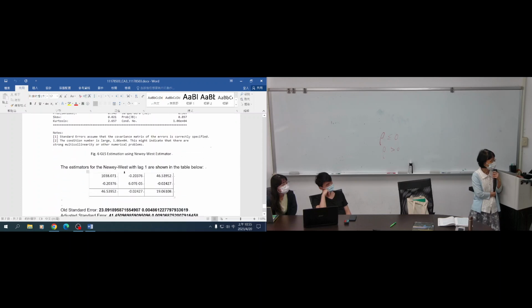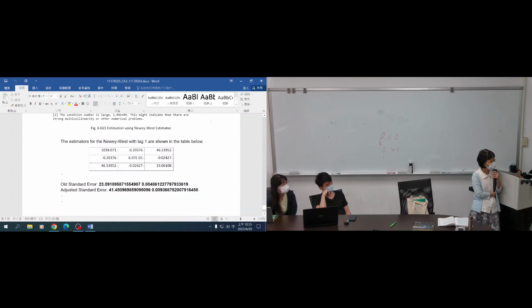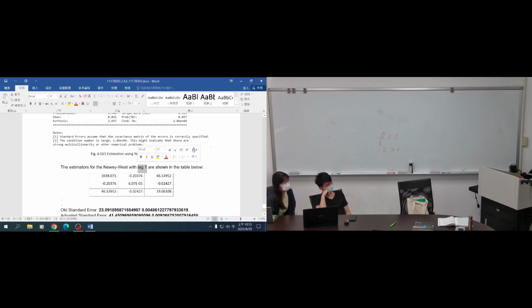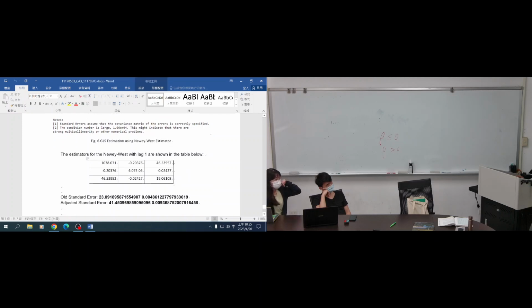So for calculating the Newey-West estimators, these are the results that I had. This is Newey-West, right? Newey-West, Professor, with lag 1. This is the standard error. Rachel, did you see that?